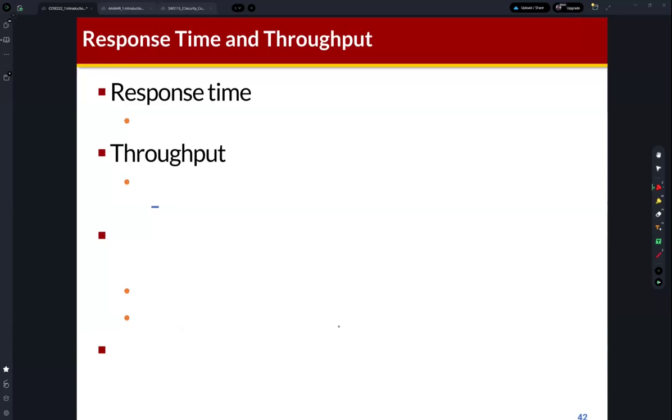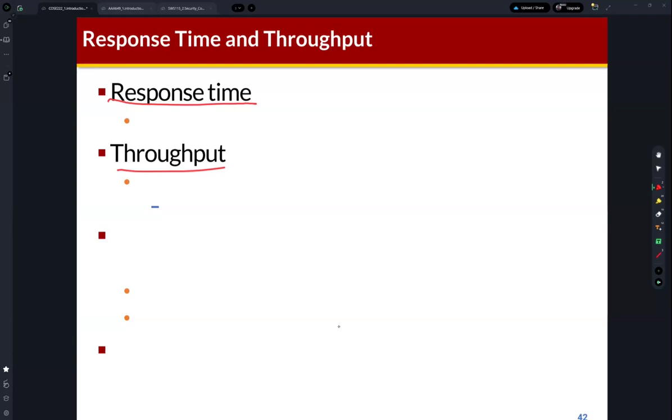In order to measure a computer system, we can use two different types of performance metrics. These are two representative performance metrics in computer systems. The first one is response time, and the second one is throughput. So you need to understand the meaning of these performance metrics.